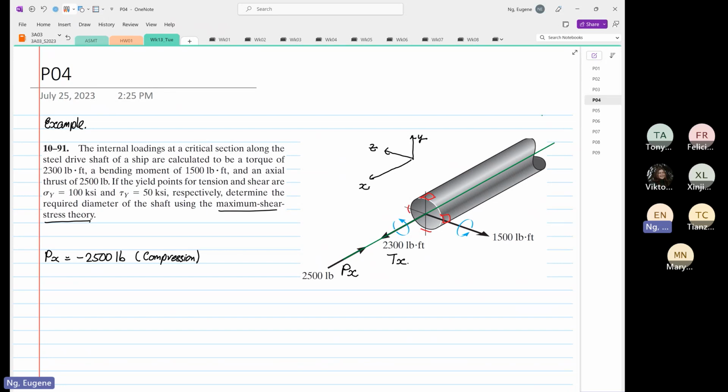Since I start putting the elements, let's give them a name. Okay, so this is my element A, element B, element C, and element D.